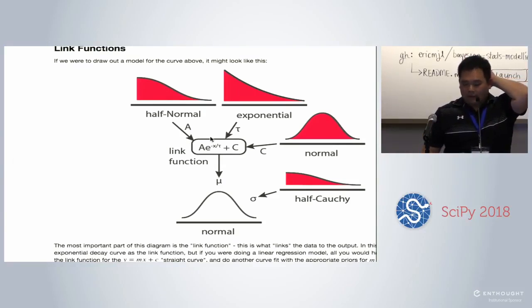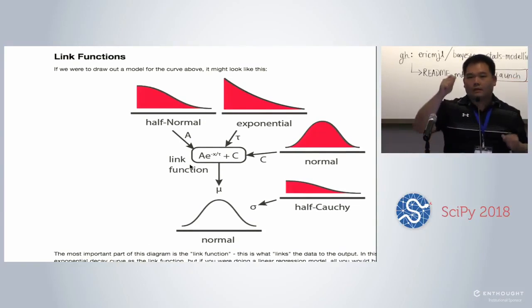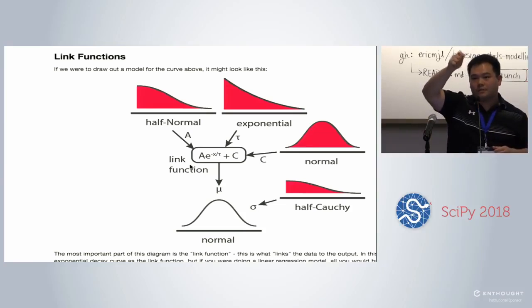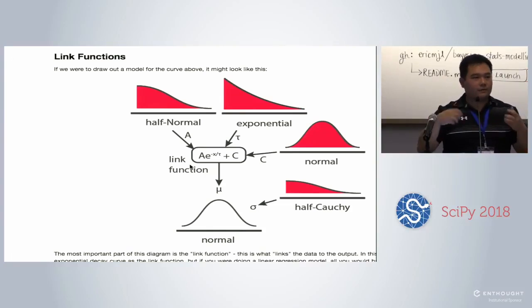Now, the thing about this curve is we might assume, for example, that this noisiness comes from a normal distribution. It's a common assumption to make, that noise is Gaussian in nature.